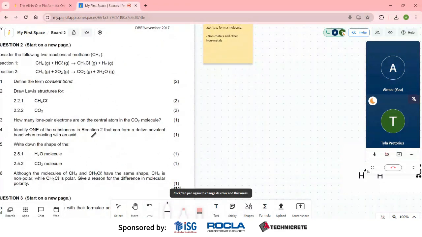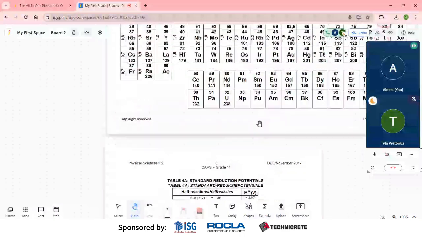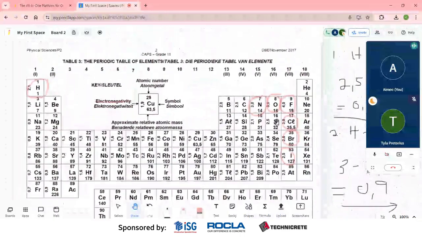So let's start with 2.2.1, CH3Cl. You know that carbon is going to be your central atom because carbon is the only one that's capable of forming 4 bonds around it because it's got 4 valence electrons. You can double check this on your periodic table.